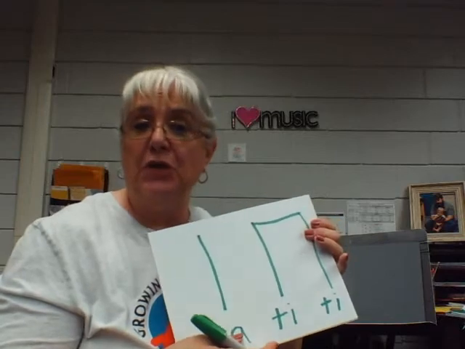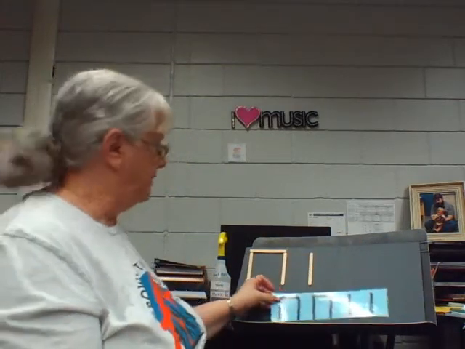Now, I'm going to show you some rhythm strips that I already have that we're going to practice with next week, okay? And I'm going to show them to you right here. Look, there's the TTs, there's the tas. So, let's say this one. TT, TT, ta, ta.